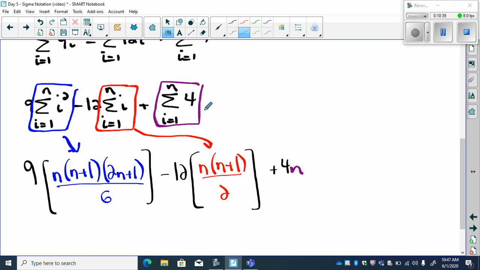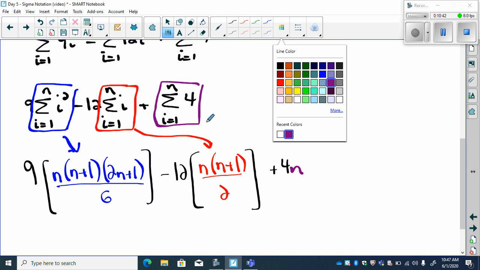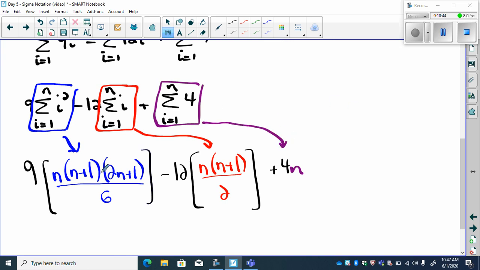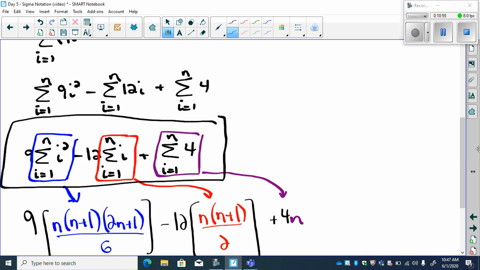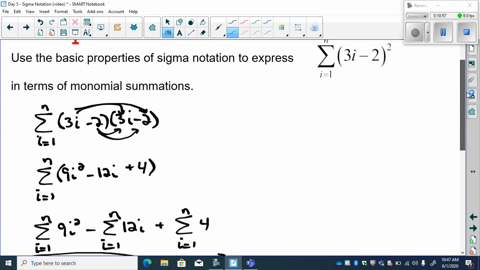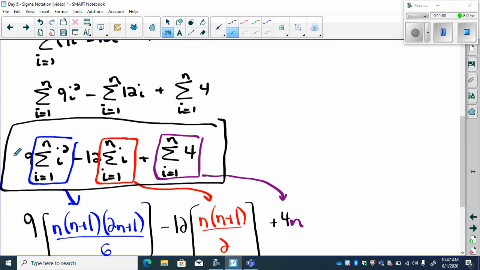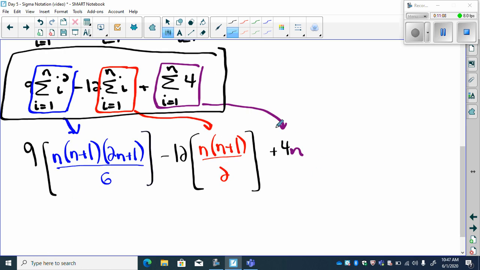And when it's just a constant, we know to just multiply by n. Now, we didn't have to go this far in this question. This question was actually finished at this point right here, because it only asked us to express them in terms of monomial summations. So there is a monomial summation, a second monomial summation, a third monomial summation. But this is where we're going when we end up trying to simplify this. We can take the sigma formula and replace this with its appropriate sigma formula.